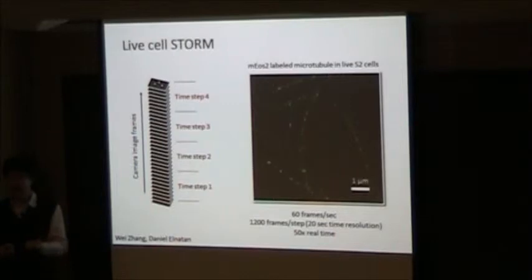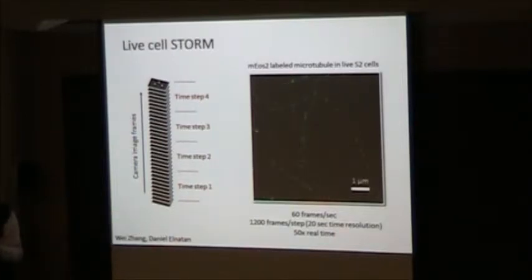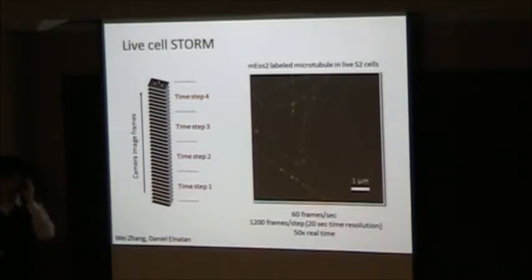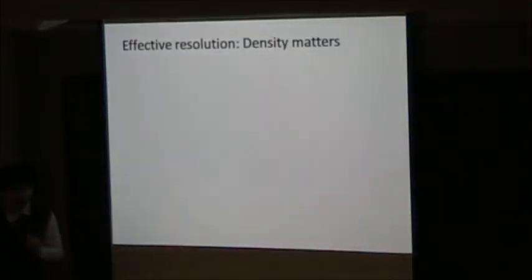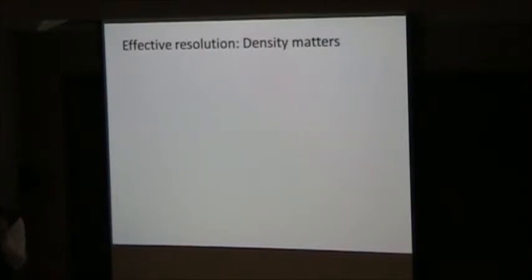Why can't we get faster? Why do we have to use 1,200 frames? Well, this comes to the fundamentals of the sampling theory of STORM again. Say we go back to our 40,000 frame microtubule image.